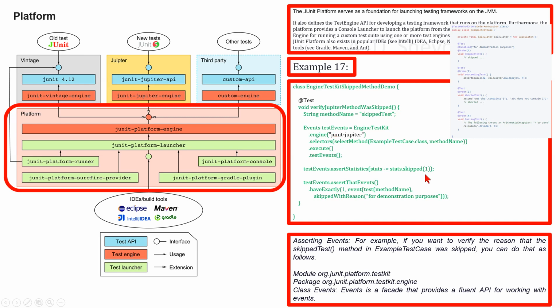And here, optionally, assert the expected statistics. And here we assert that the recorded test events contain exactly one skipped test named skip test, with the reason given for demonstration purposes.